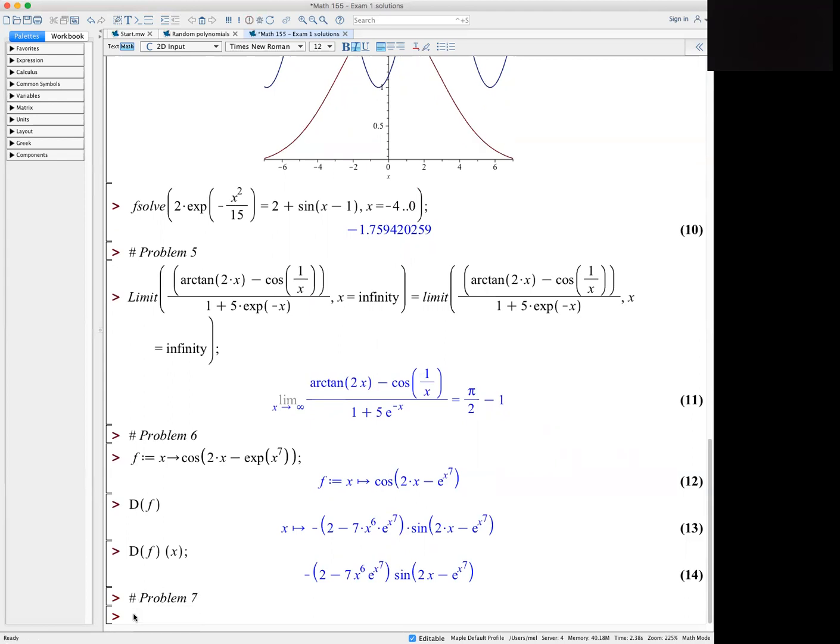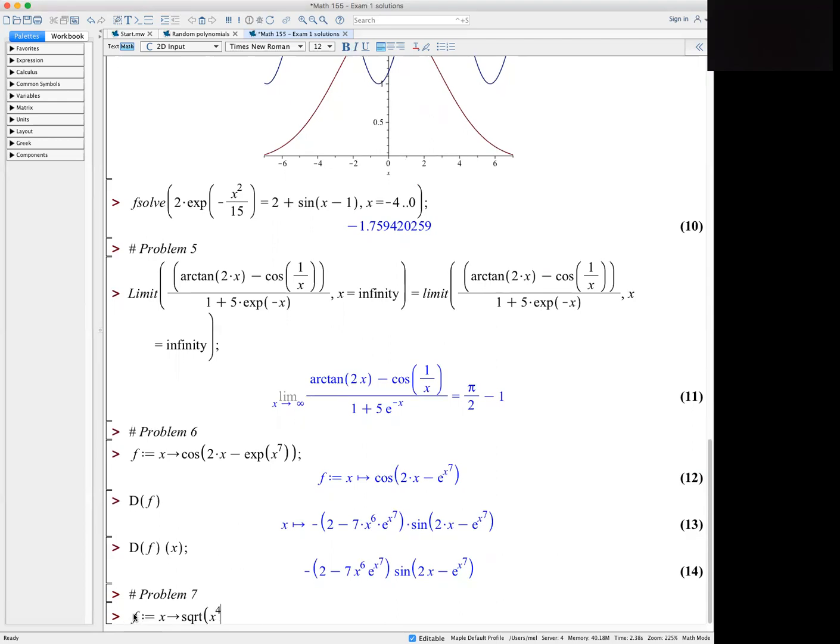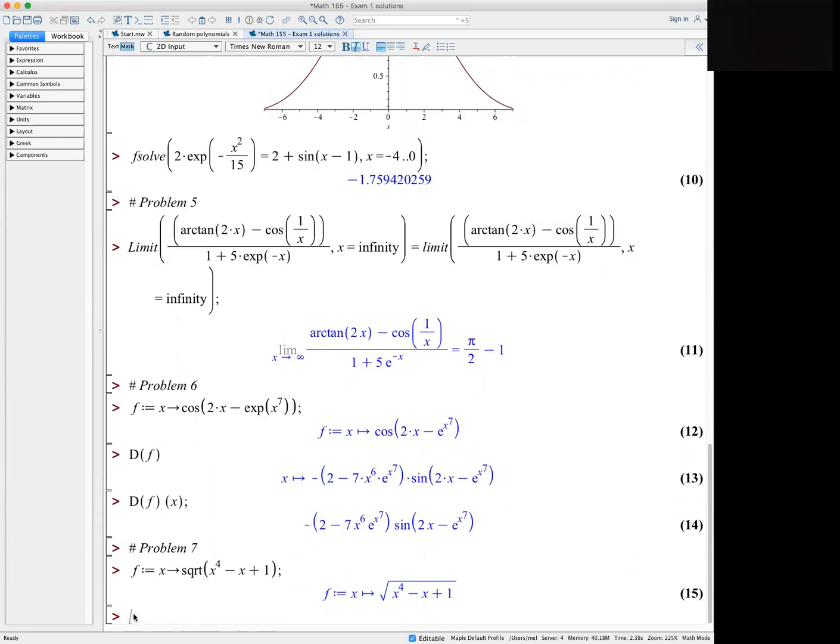Problem 7, we have another function. F of x is going to be the square root of x to the 4th minus x plus 1. And we want to find the tangent line and the normal line at x equal 1. So the tangent line is the line whose slope is the derivative of f evaluated at 1, times x minus 1, plus the value of the function at 1.